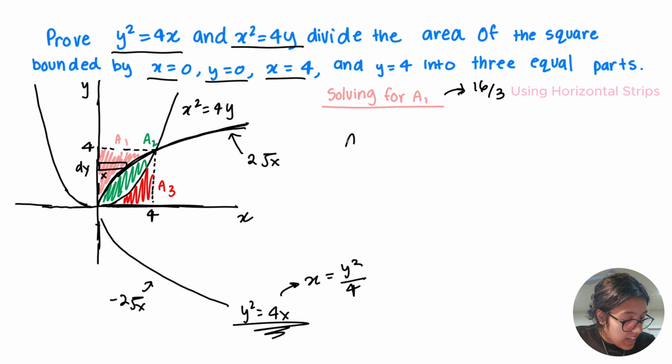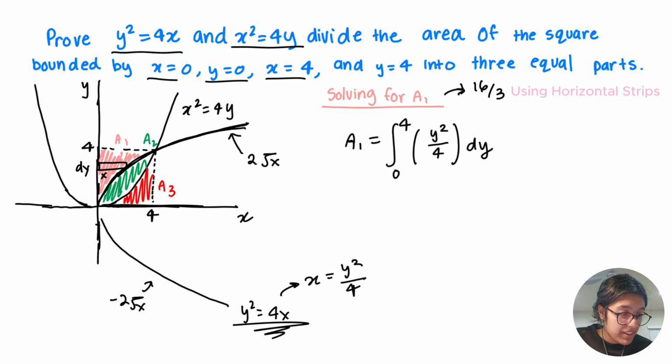So I could say A1 is equal to, and we have to know our bounds, of course. Our bounds are going to be here all the way to that 4. So 0 to 4, and our function is just going to be that y squared over 4, and then, of course, dy. You can see that's much easier than doing that 4 minus 2 root x.